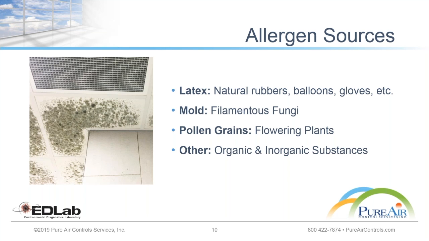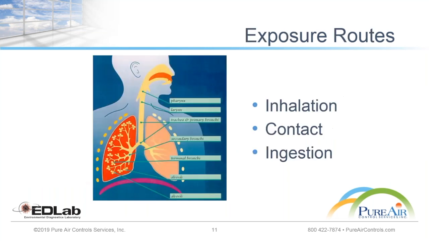So now that we've looked at a few of the different allergen sources, some of the common sources for allergies, we're going to take a look at how we come in contact with these, or how these are put in contact with us, that it starts to trigger these reactions. So when we look at exposure routes to these allergens, the first one that comes to mind, especially with regard to aeroallergens, is that we inhale these.